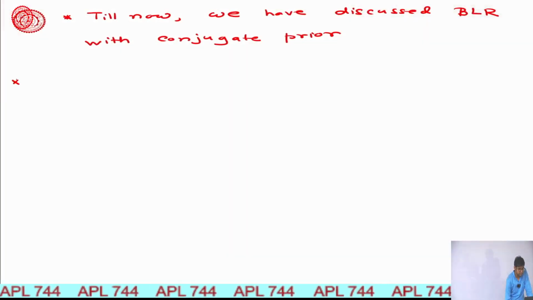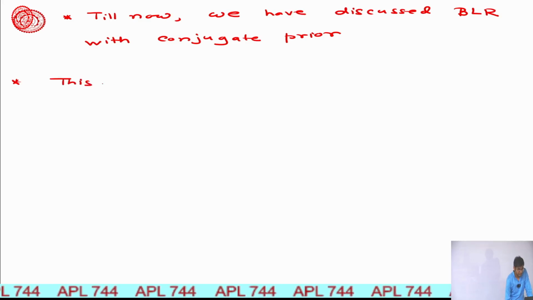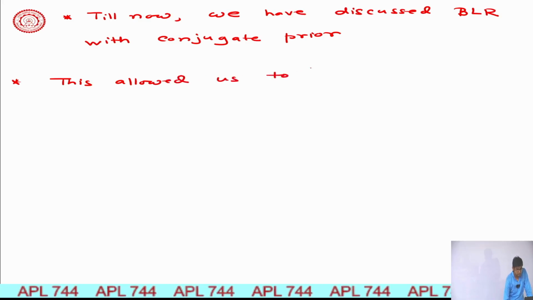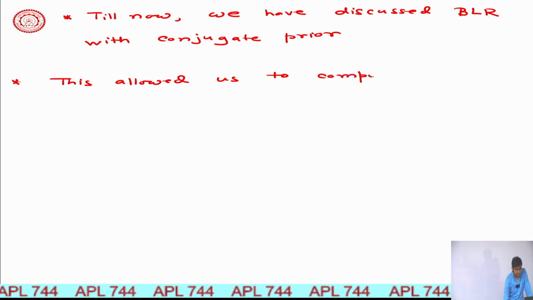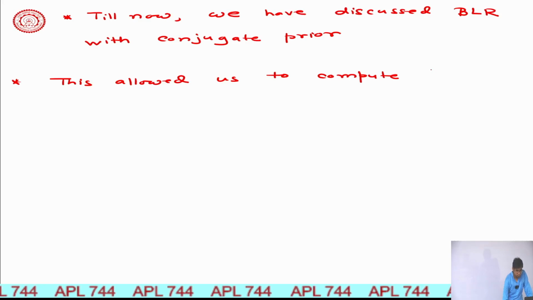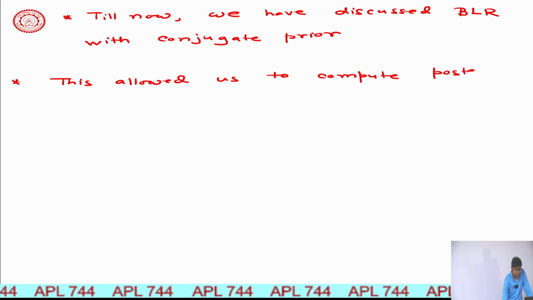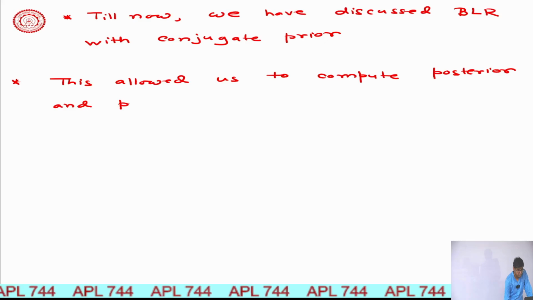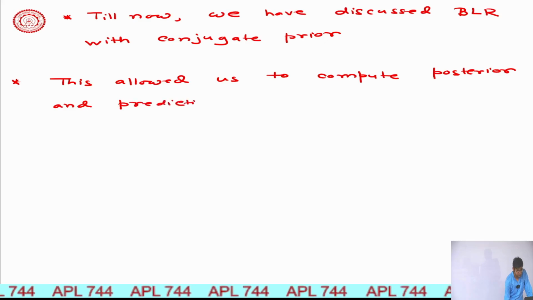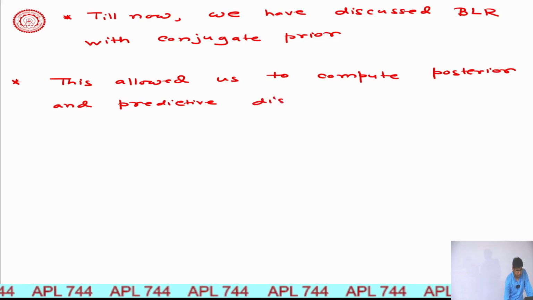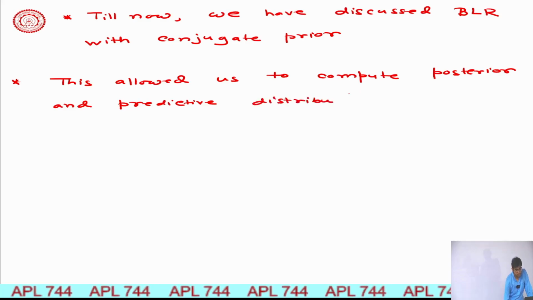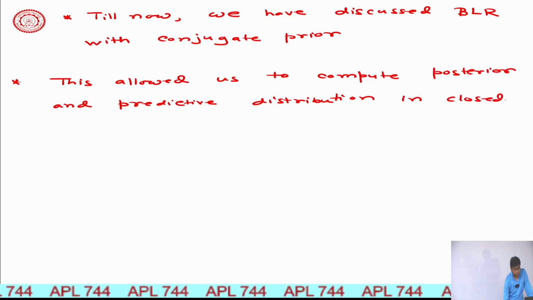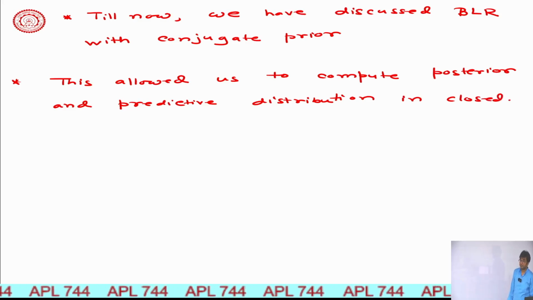So this allowed us to compute posterior and predictive distributions in closed form. It was possible because we were using conjugate prior.